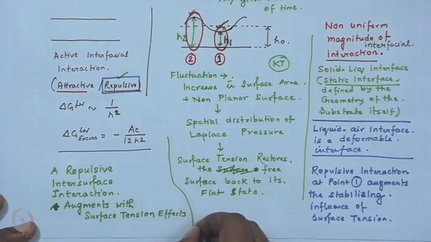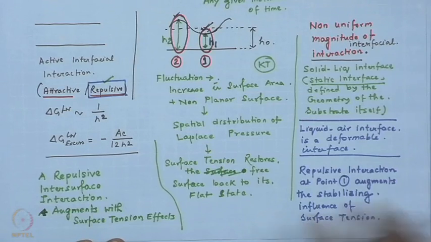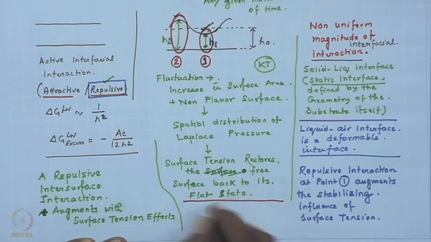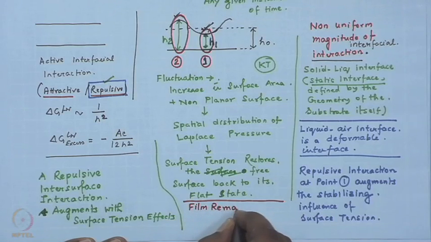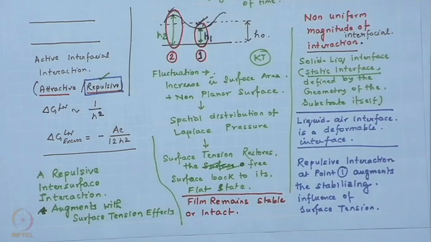And therefore, the film remains perfectly stable. Consequently, the stability is imparted by two effects: a repulsive intersurface interaction and also the stabilizing effect of surface tension.